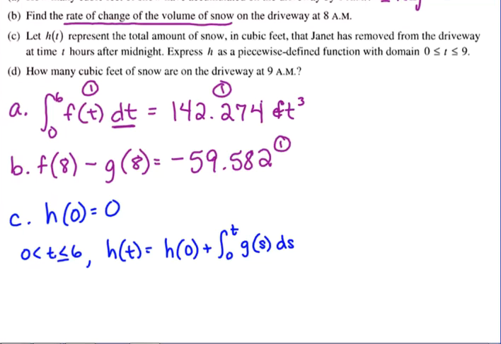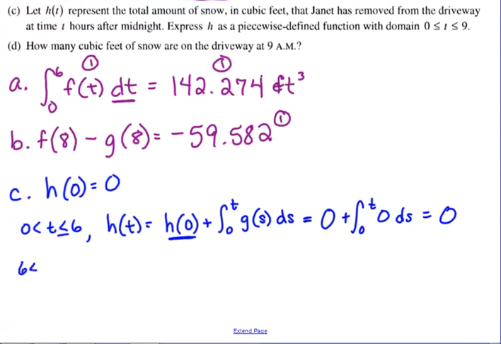So we've got what we started with plus the accumulation from 0 to t, which equals h of 0 is 0, and that rate is 0 on this interval. So that's just going to end up giving us 0.